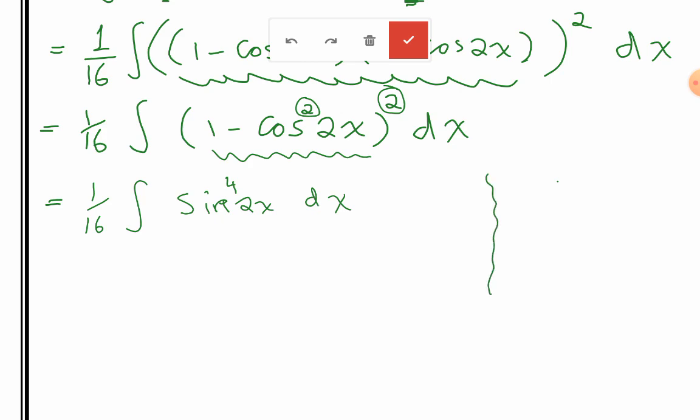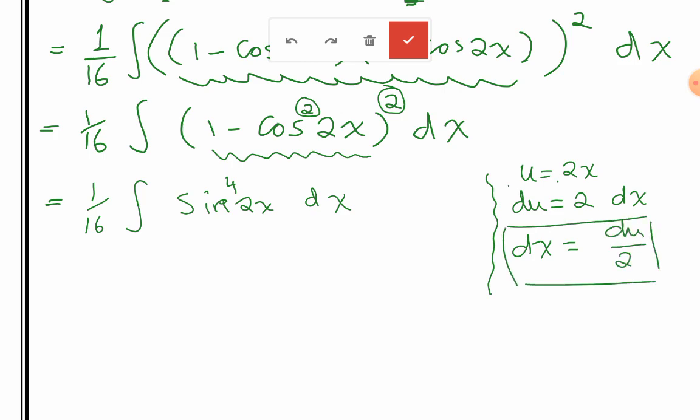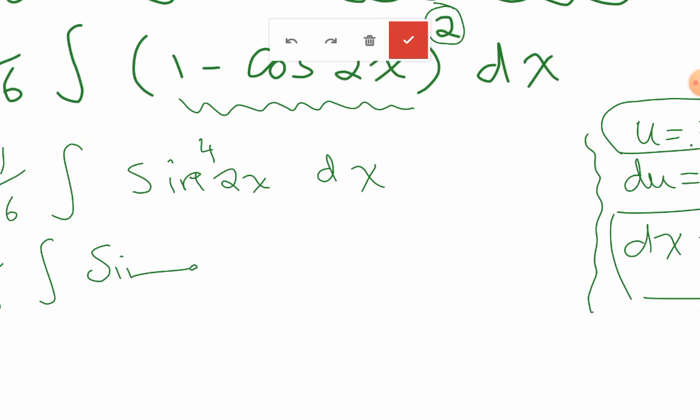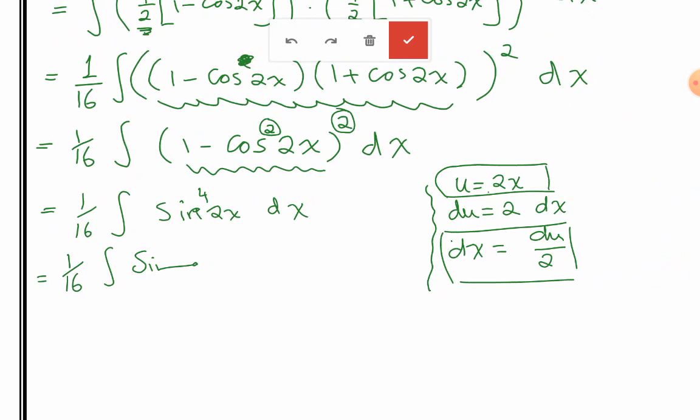I'm going to use the substitution method. I will let u equal 2x, and the derivative du is 2 dx, and dx, as you know, is du over 2. Then substitute the value of u and the value of dx: 1/16 the integral of sine to the power of 4 of u, because 2x is now u, and dx is du over 2.